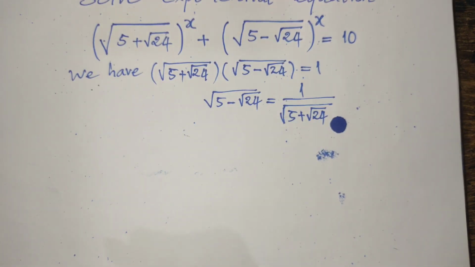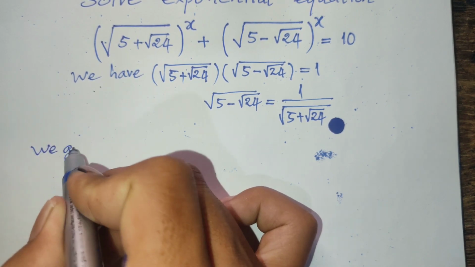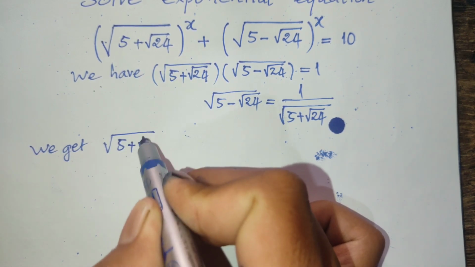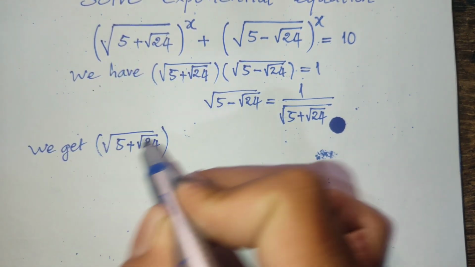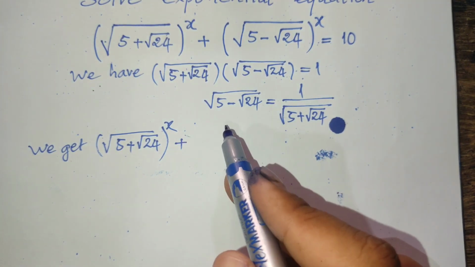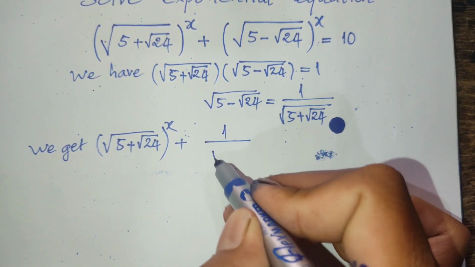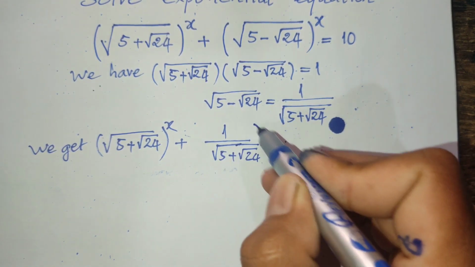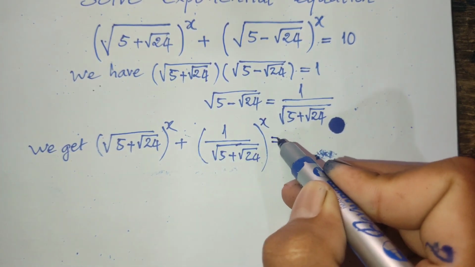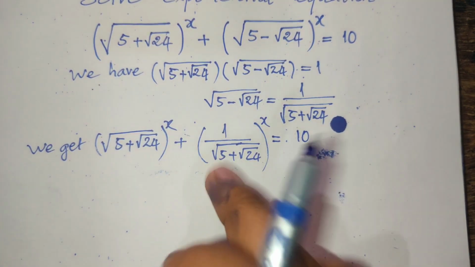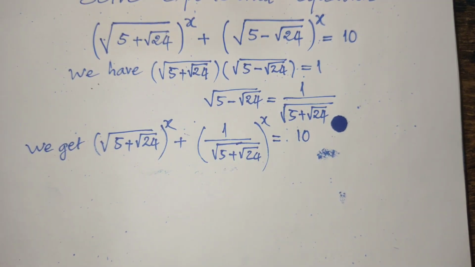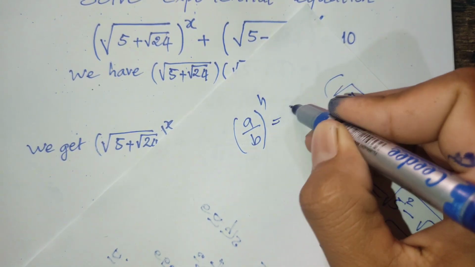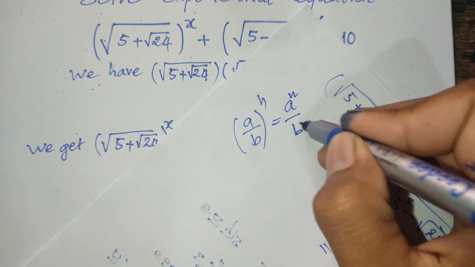So that we get (square root of 5 plus square root of 24) all power 8 plus (1 divided by square root of 5 plus square root of 24) all power 8 is equal to 10. Now I use the rule that (a divided by b) all power n is equal to a power n divided by b power n.